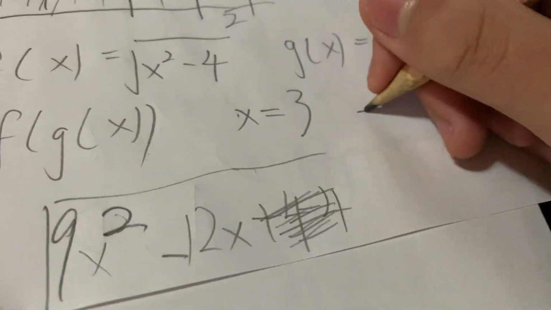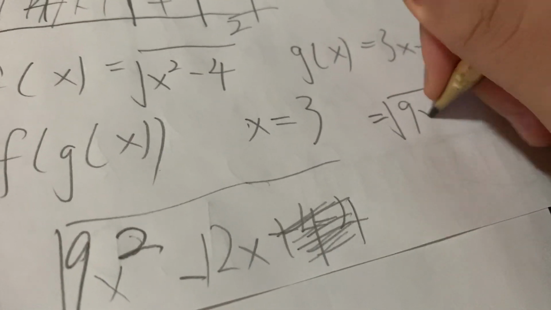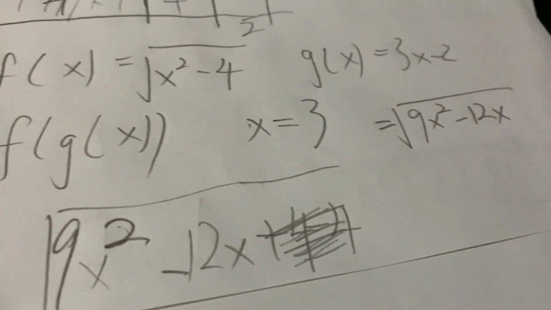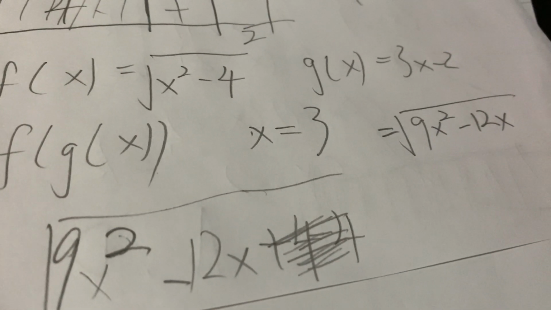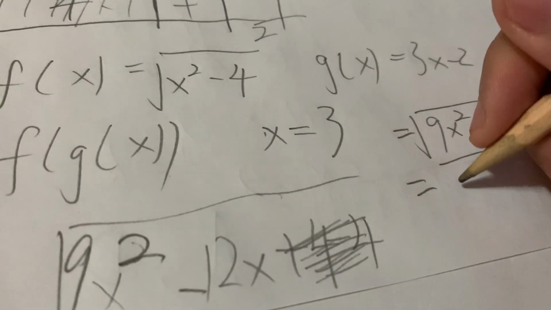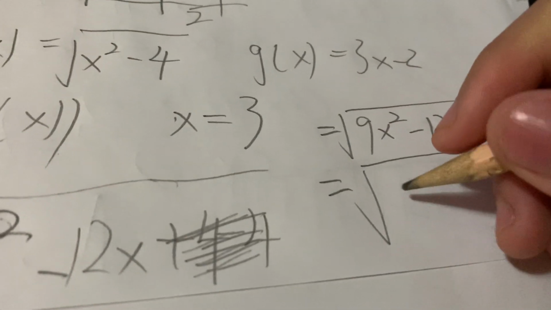So it is equal to 9x squared minus 12x here. So we try to simplify it.